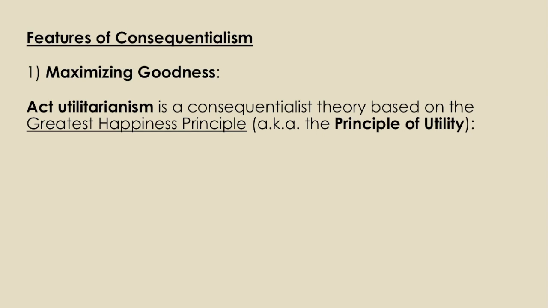imagine I have two available actions. One is to make 10 people happy and one person unhappy. So imagine that's my first option, that if I perform action A, I will make 10 people happy and one person unhappy.